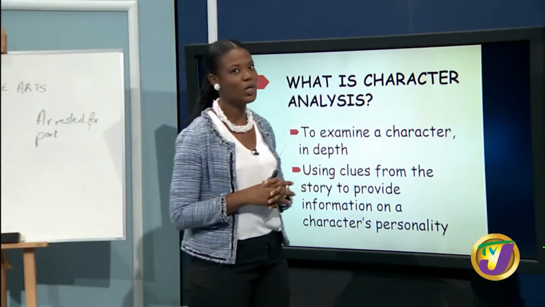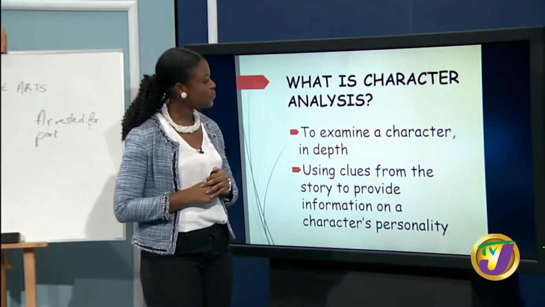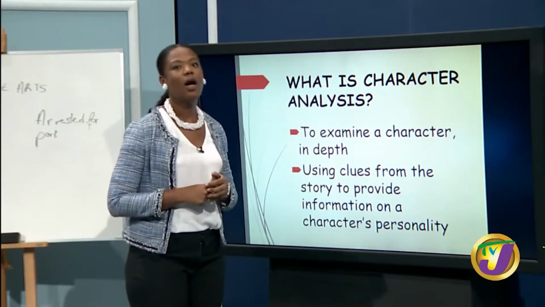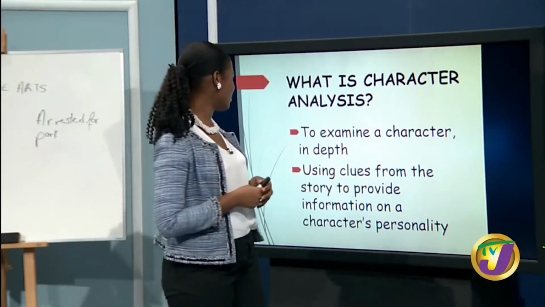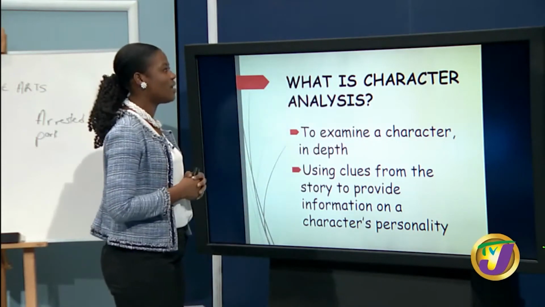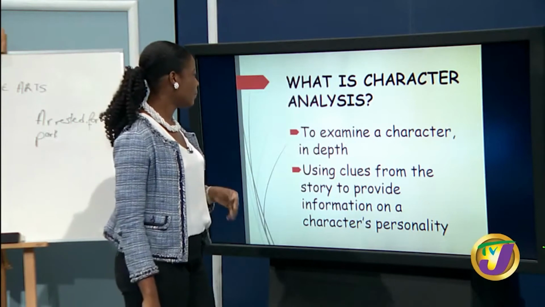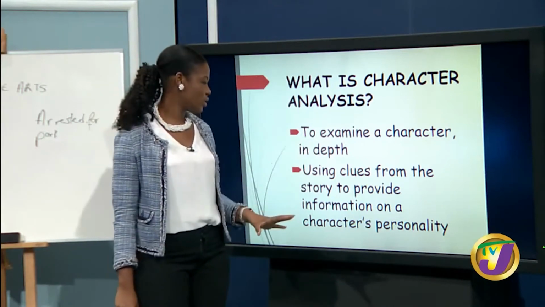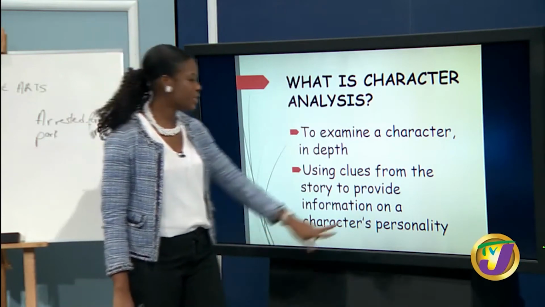PIMPS, yes, that word. PIMPS: psychological, intellectual, moral, physical, and social status. So once again, let us look back on the definition for character analysis: to examine a character in depth using clues from a story to provide information on the character's personality.